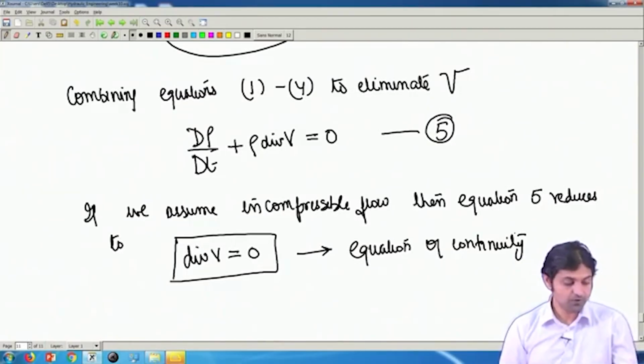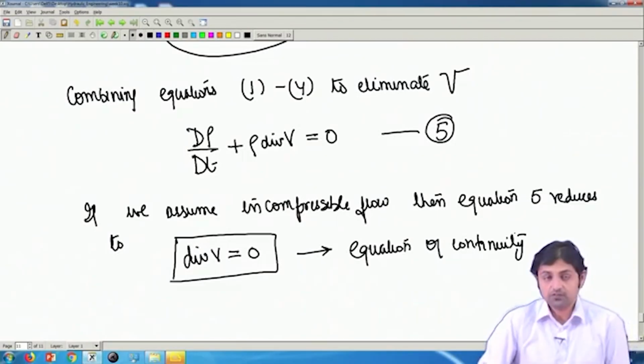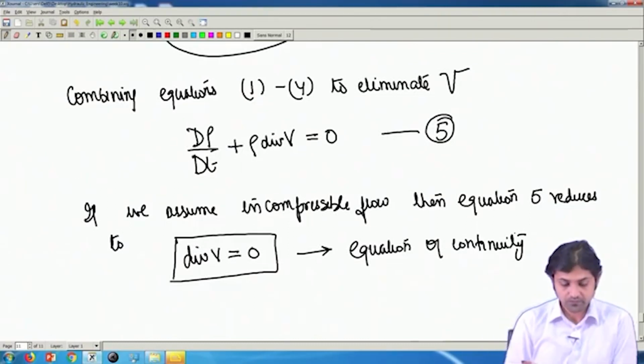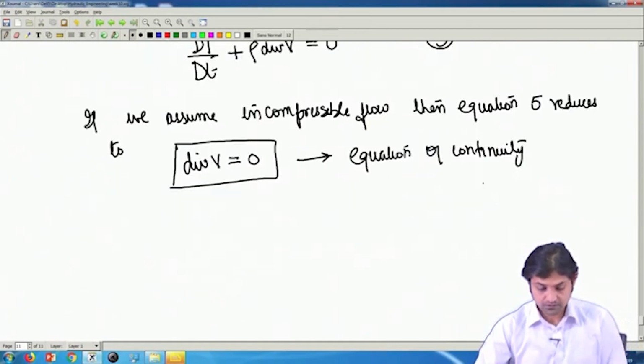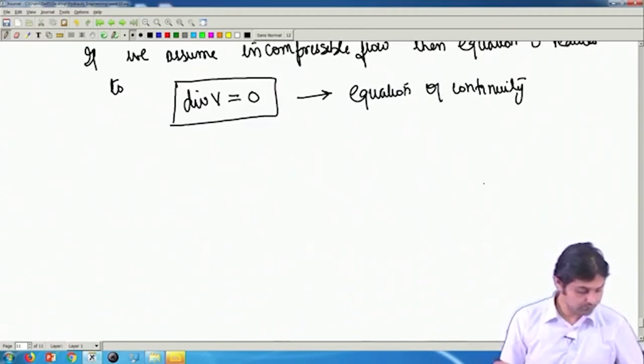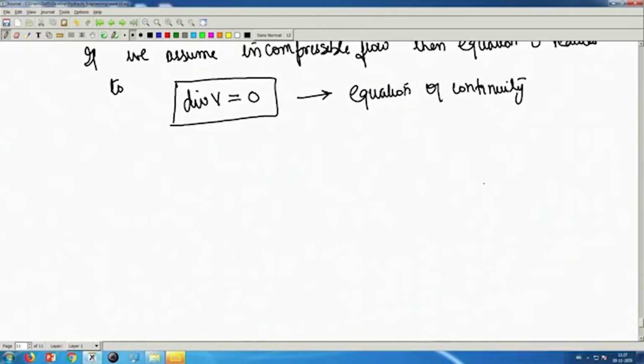So, what we have done is we have been able to derive the equation of continuity, and this is equation number 6.